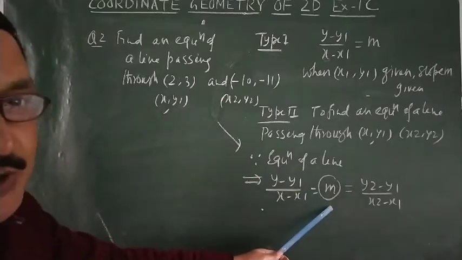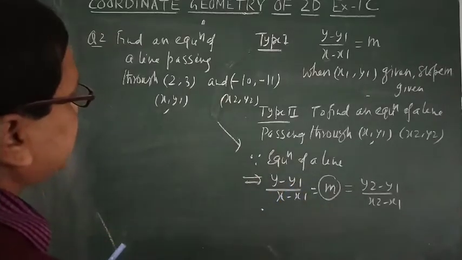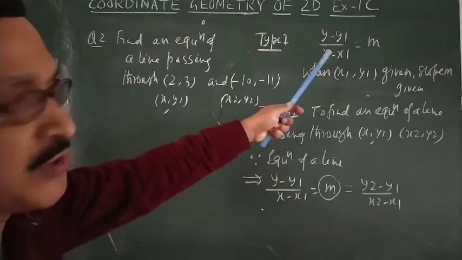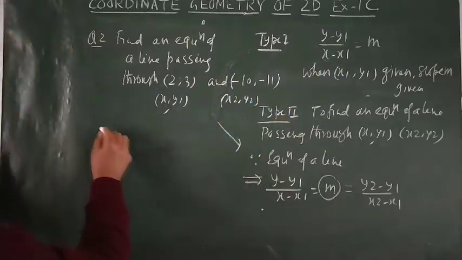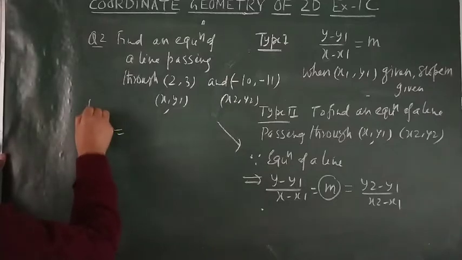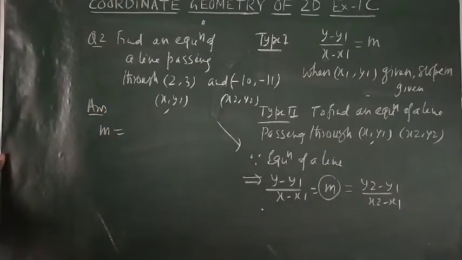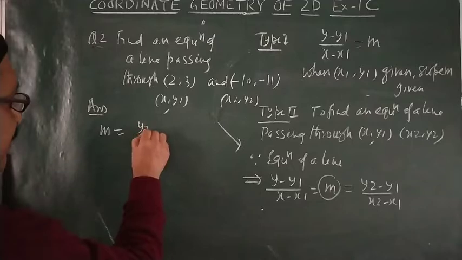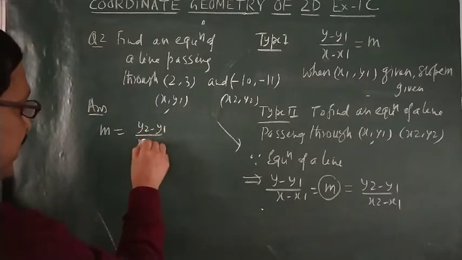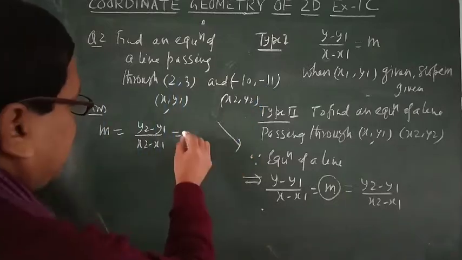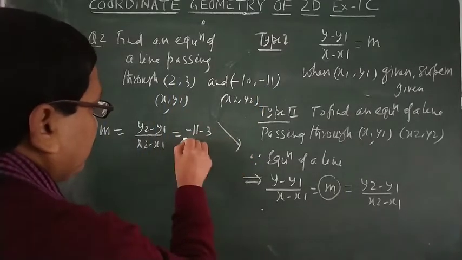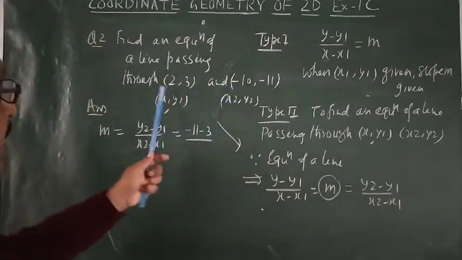So we can use this formula to find the equation of a straight line, but we can use the first method. First get m. m is not given, so we know that m is equal to (y2 minus y1) by (x2 minus x1). This is minus 11 minus 3 by minus 10 minus 2.